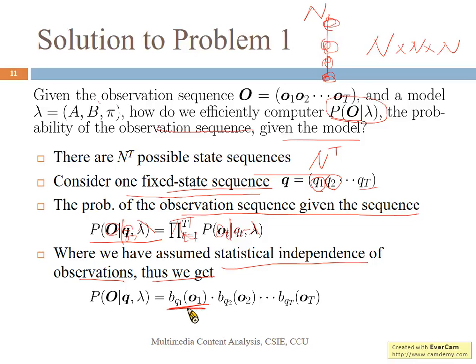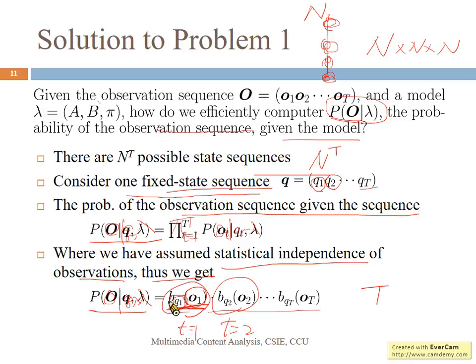So at the first time instance, in state Q1, we have the observation probability of O1. This is time instance 1, and this is time instance 2, where we have the observation probability, and so on. We multiply the T observation probabilities to get the probability of O given Q and lambda.